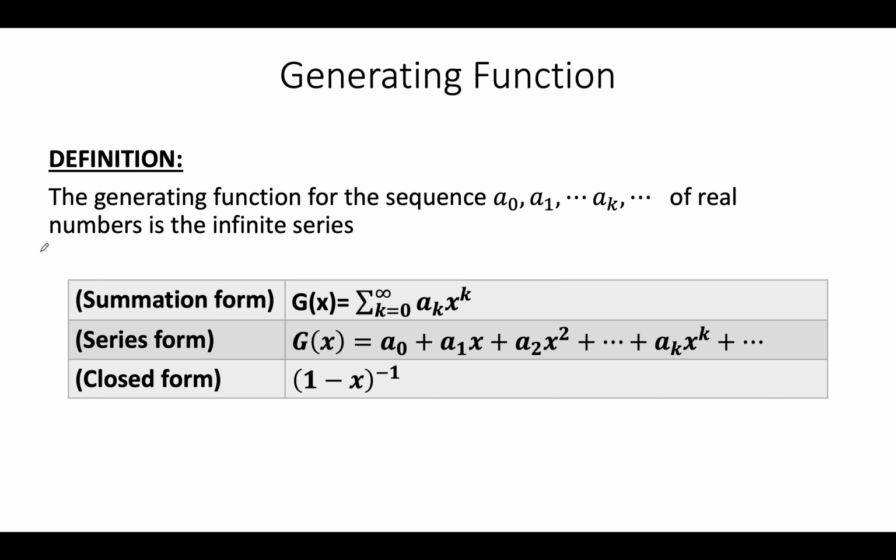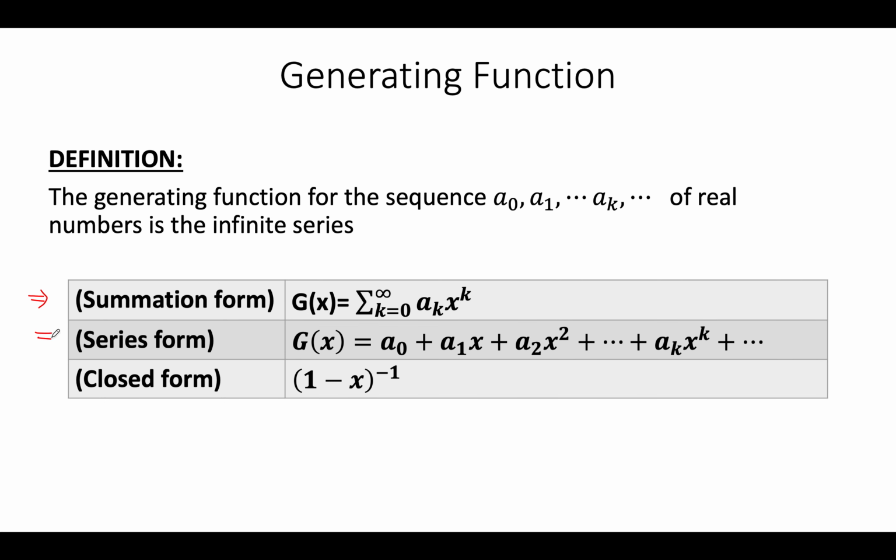The first form is called the summation form, where we write the generating function as g of x, which is the name of the function. Then we have sigma, starting from k equals 0 until infinity, of a_k x to the power k. So this is the first form of generating function, which is called the summation form.